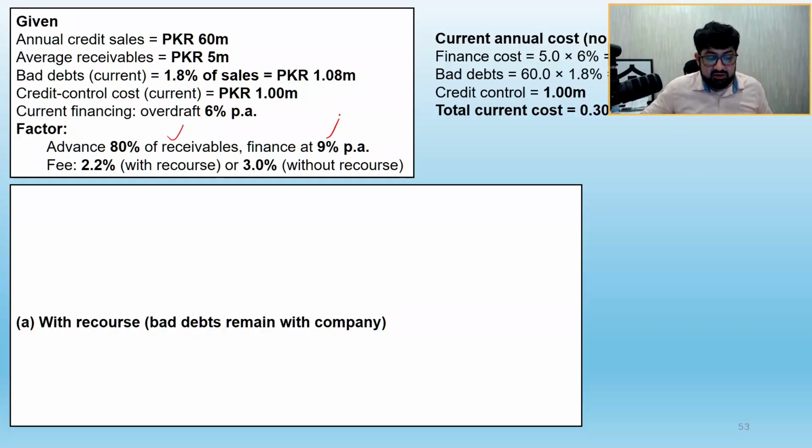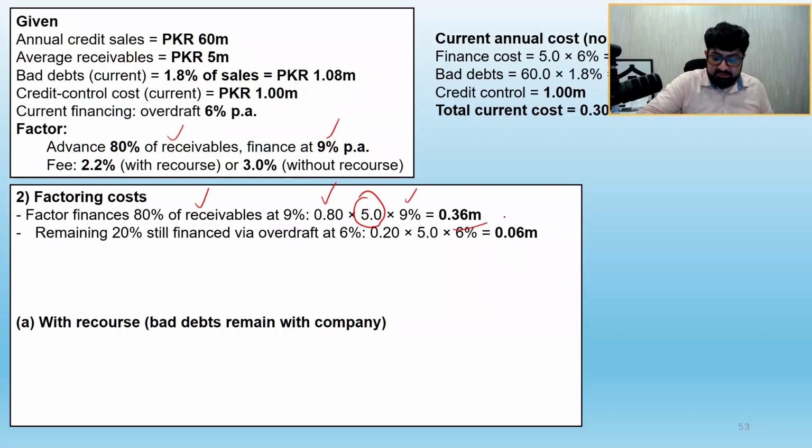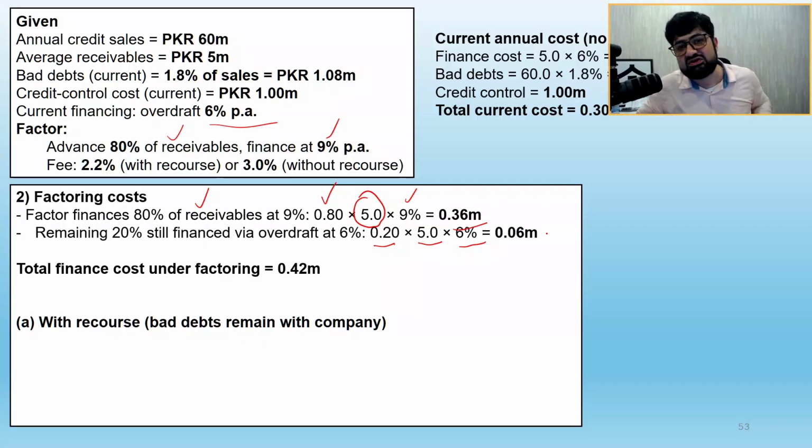First of all, we will calculate finance costs. 80% of receivables at 9%: the total receivable is 5 million, 80% and 9%. The remaining 20%, so 5 million into 20% at the overdraft rate of 6%. So this is the total finance cost of the receivable under the factor option.